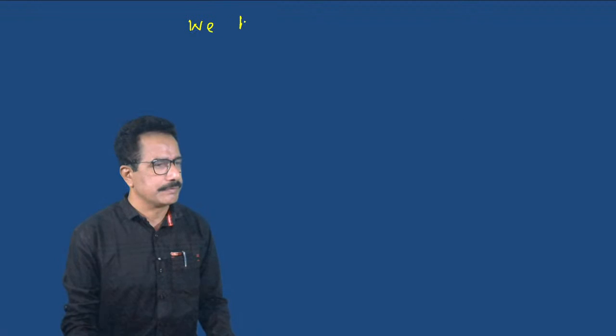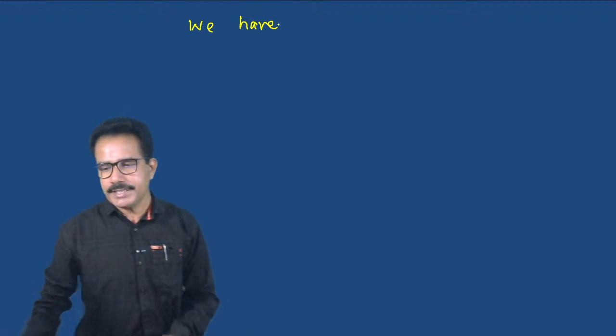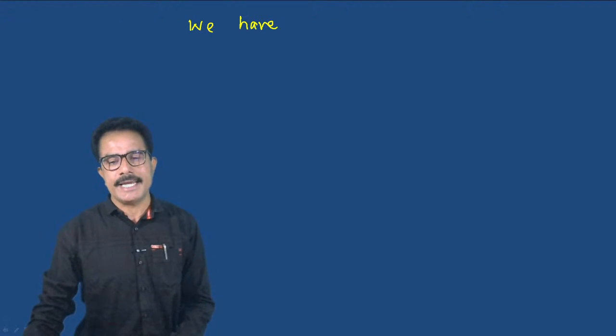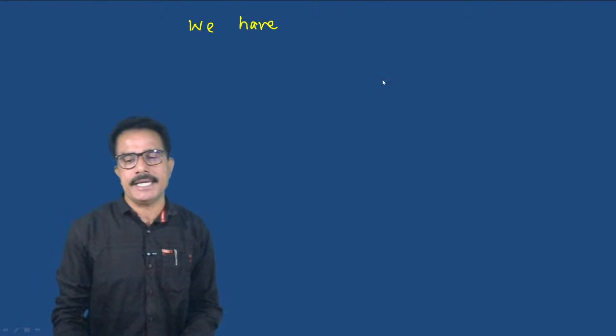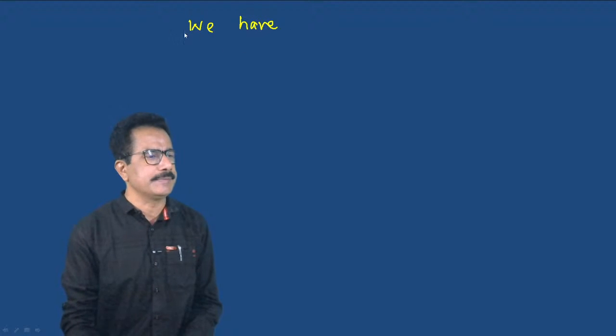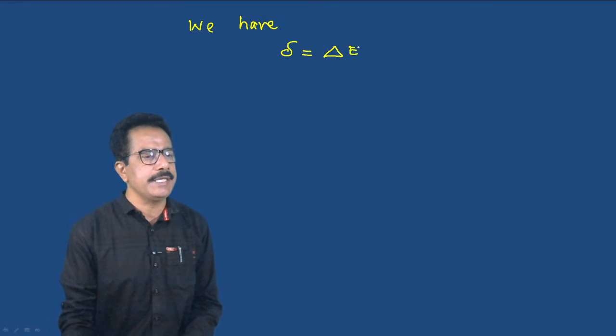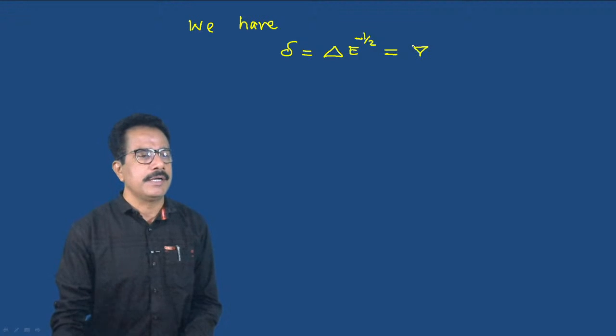See here, now we have, what is the relation here, student? We have small delta can be expressed in terms of capital delta and capital del, such that small delta is equal to capital delta e raised to minus 1 by 2, which can be written as del e raised to 1 by 2.